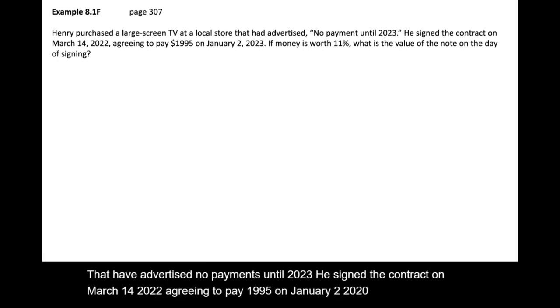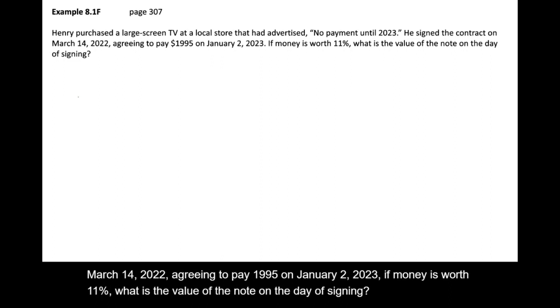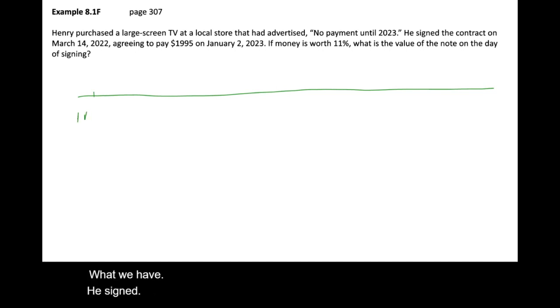If money is worth 11%, what is the value of the note on the day of signing? So let's analyze what we have. He signed paper on March 14, 2022.